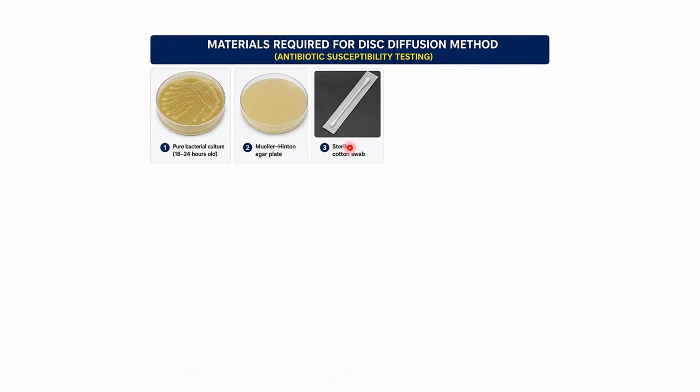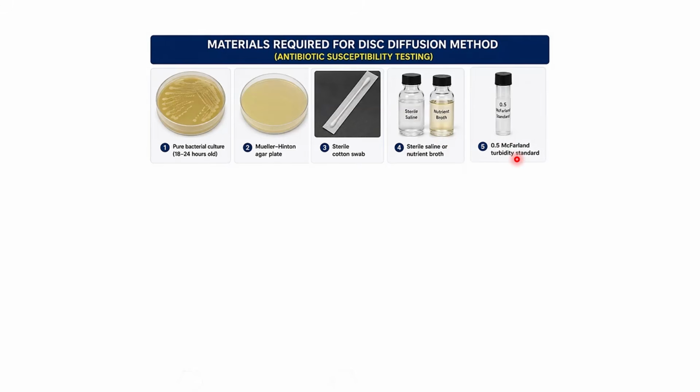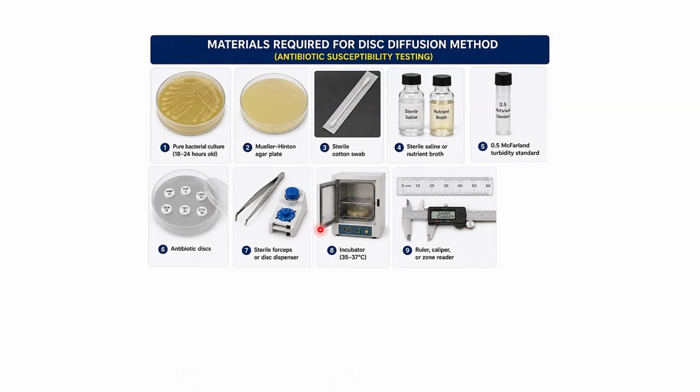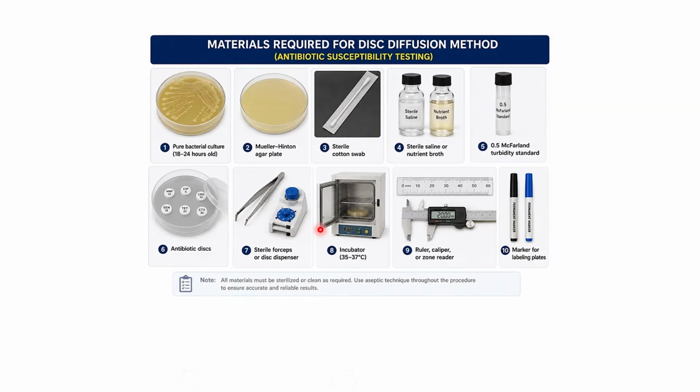The third is our sterile cotton swab. The fourth, sterile normal saline or nutrient broth, a 0.5 McFarland standard, the antibiotic disc, a sterile forceps or disc dispenser, an incubator, a ruler, a caliper or a zone reader, and a marker for labeling plates.